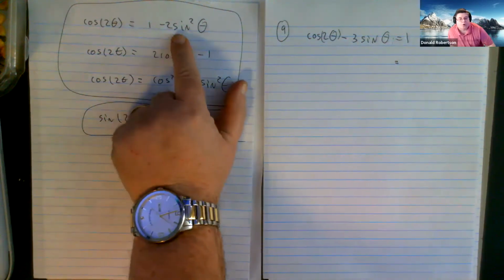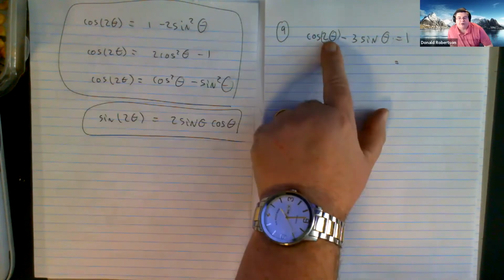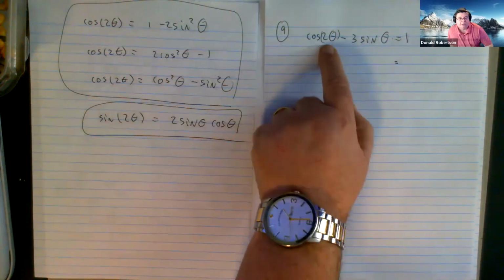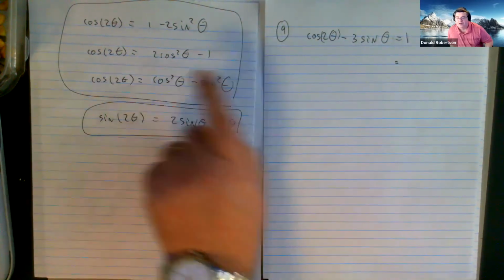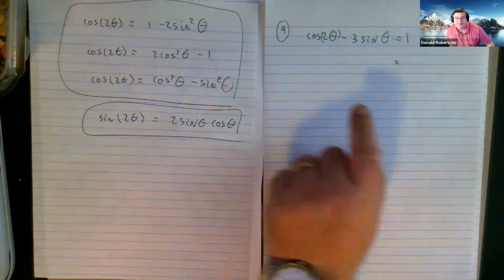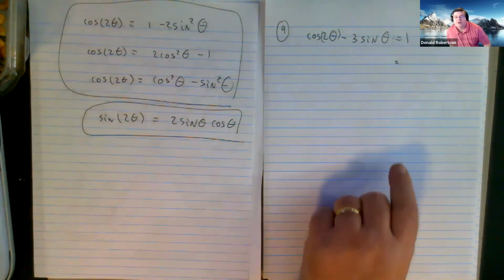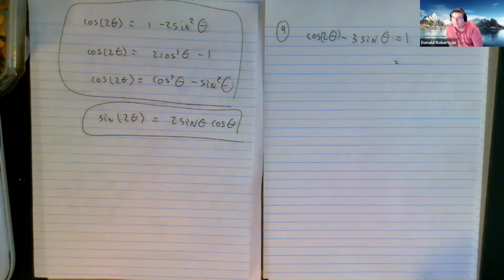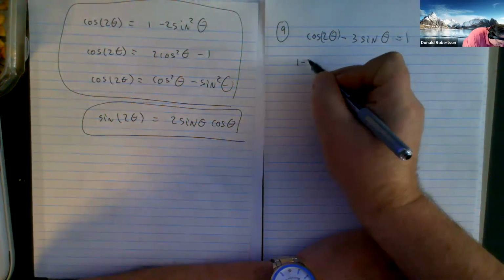Should I use 1 minus 2 sine squared theta? Should I use 2 cos squared theta minus 1? And just don't think about that one at all, right? So either the first or the second one. Which one plays well with this equation? The first one. Agreed.